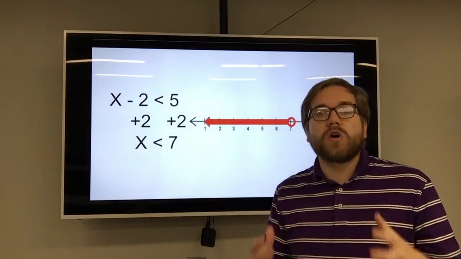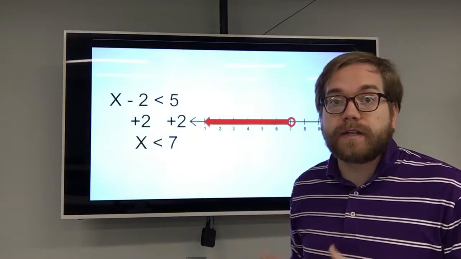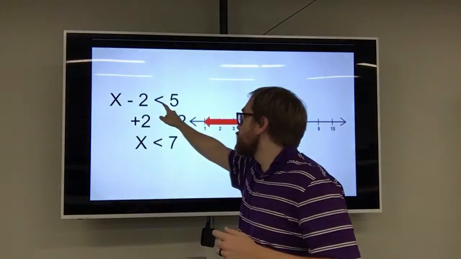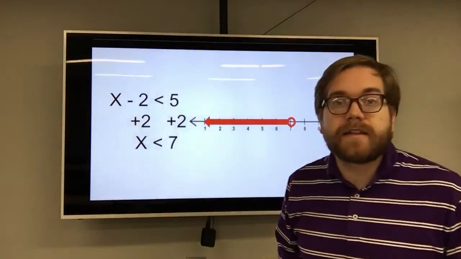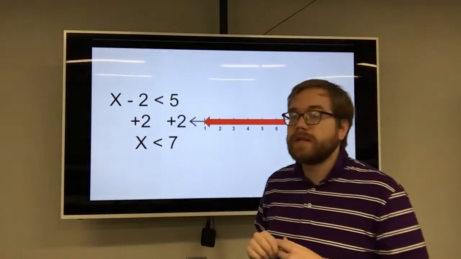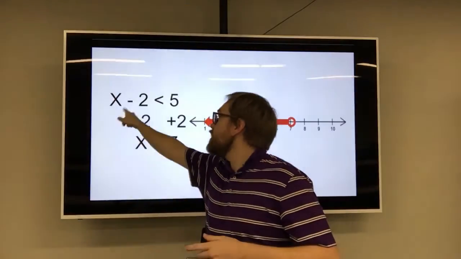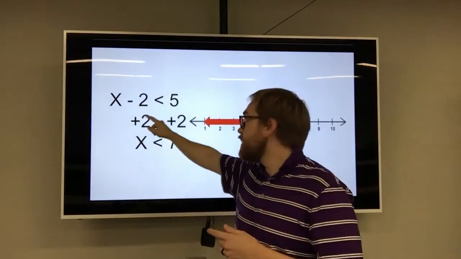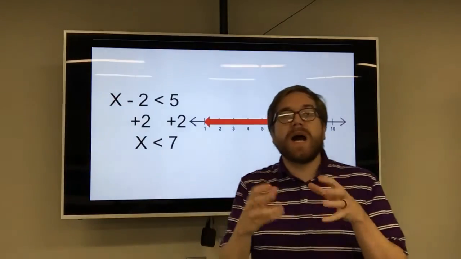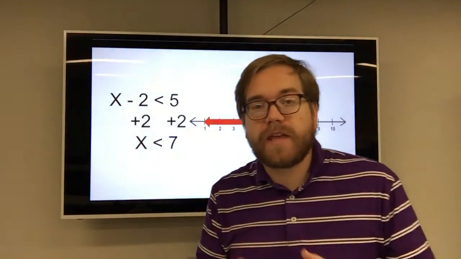Let's look at one solved example first before we get into some other examples. So here I have an inequality, x minus 2 is less than 5. Okay, that's an inequality because we have an inequality symbol there, that less than symbol. And so what this is saying is that some number minus 2 is less than 5. And so we want to figure out what number could possibly go in the place of that x.